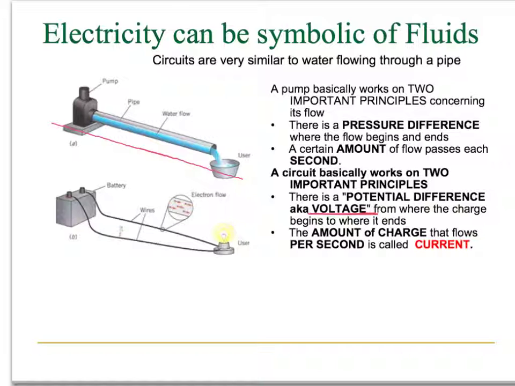So therefore, the amount of electrons that is flowing in here is proportional to the amount of electricity that is produced. So if we have a lot of electrons flowing through here, you could say that the magnitude of the electricity is also higher. So in here, the amount of charge that flows per second is what we call the current.